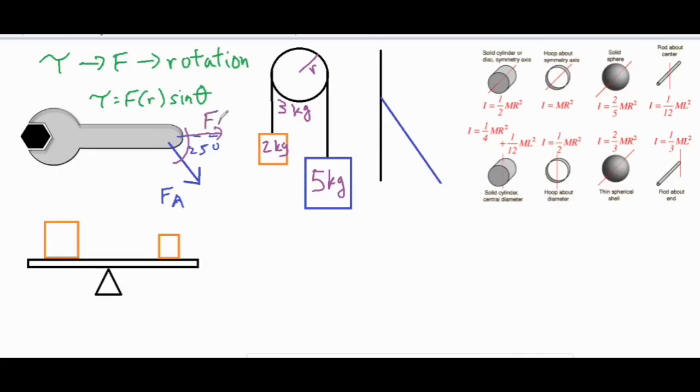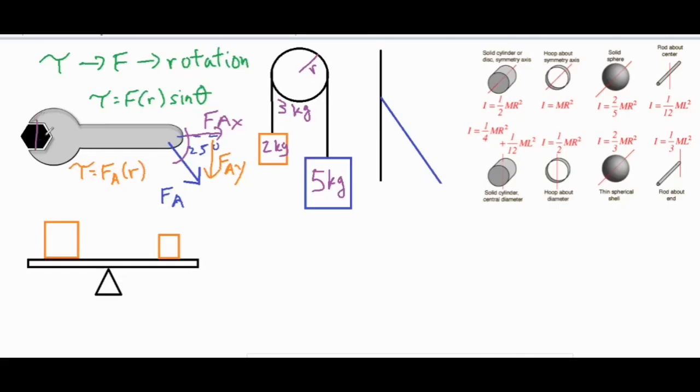we can make a triangle with an x component and with a y component. And the y component is the only component that actually causes the rotation. So what you would do is you would plug in the FA, this applied force over here, whatever number that may be, times the R, which is the lever arm.